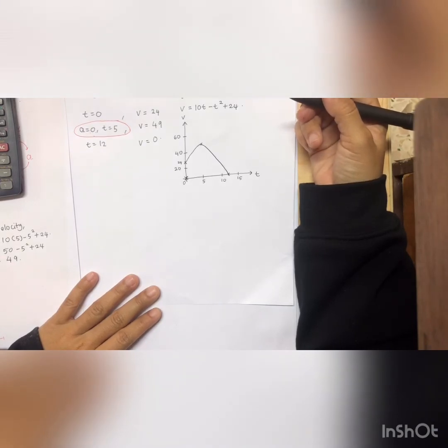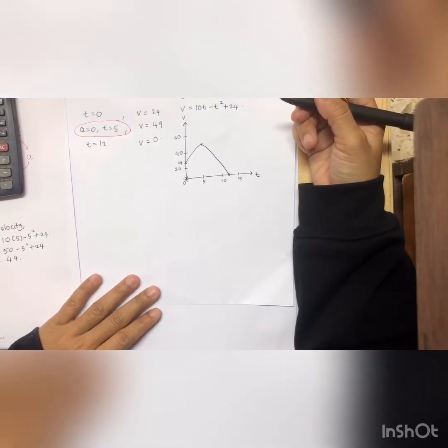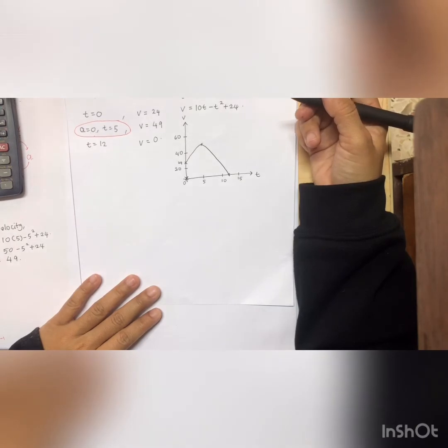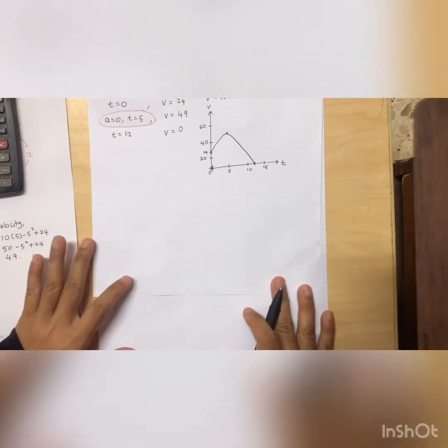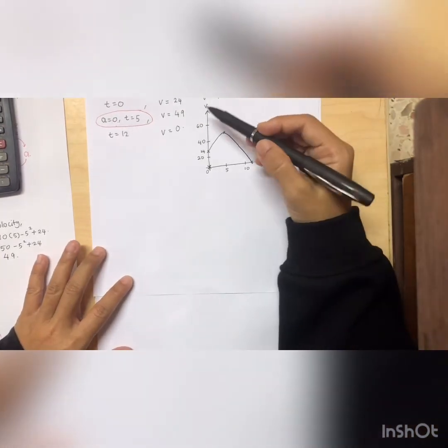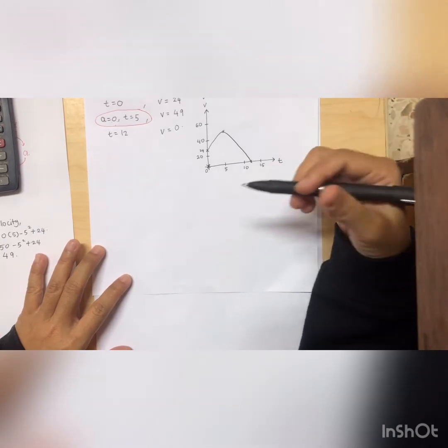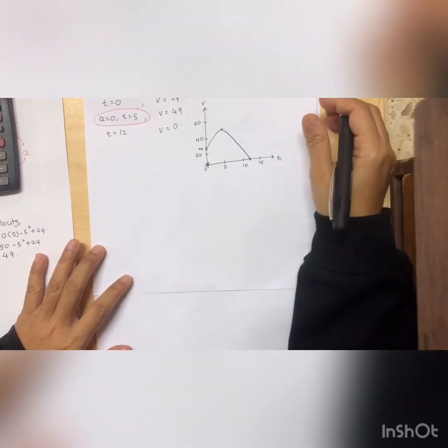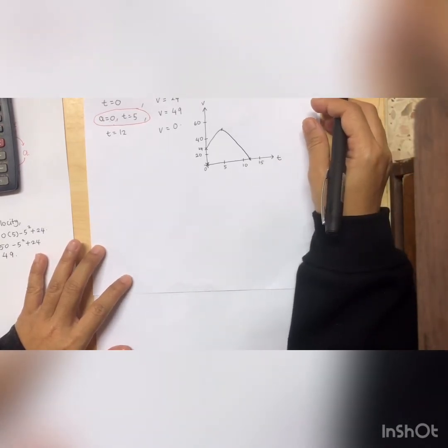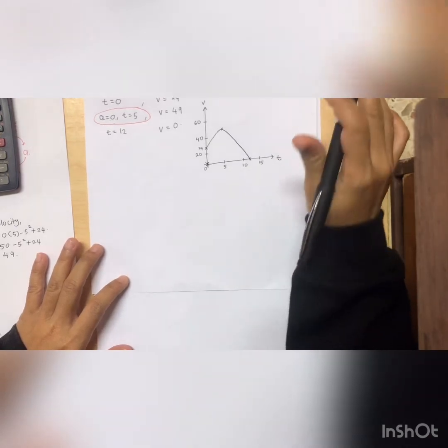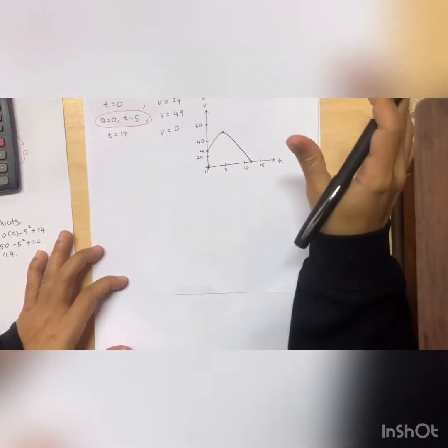Okay. Next thing is, after we have sketched the graph, we have to find the total distance traveled during that period. Now, to find the total distance, you cannot take it from the velocity. You have to find the s, the displacement, because anything about distance is related to displacement.